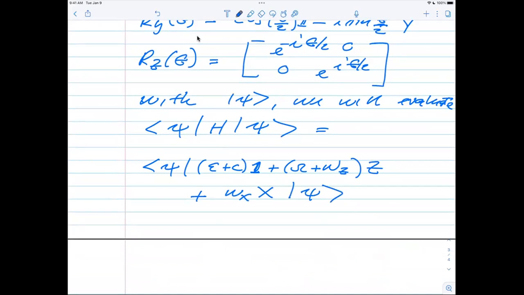We can do this either by paper and pencil, or we can just set up a simple program where we define the Pauli X, the Pauli Z, the identity matrix, and then we perform these rotations. And then we see what kind of value we get.